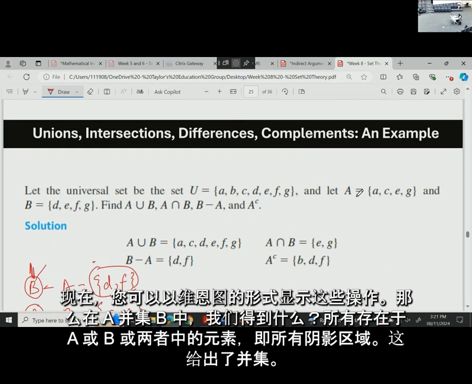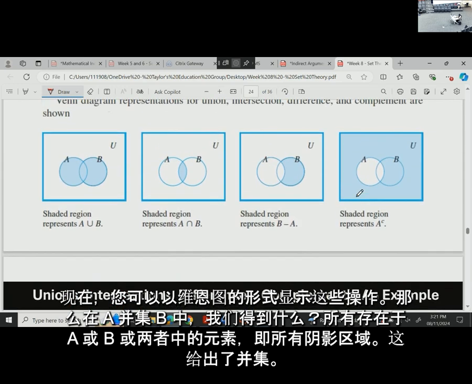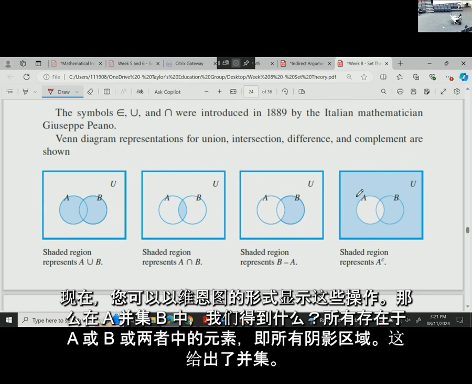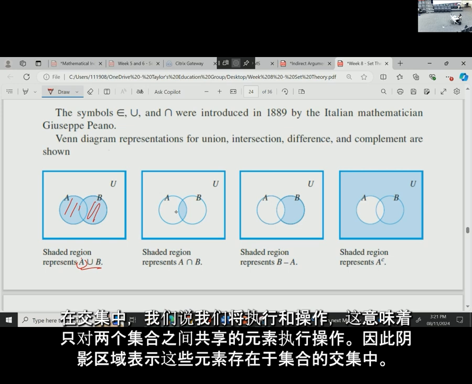Now you can show these operations in the form of Venn diagrams. In your A union B, what do we get? All the elements that are present either in A or in B or in both, so all the shaded area gives you the union. In your intersection, we said we will perform AND operations, meaning only the elements that are shared between the two sets. So the shaded area gives you the elements present in the intersection of the sets.